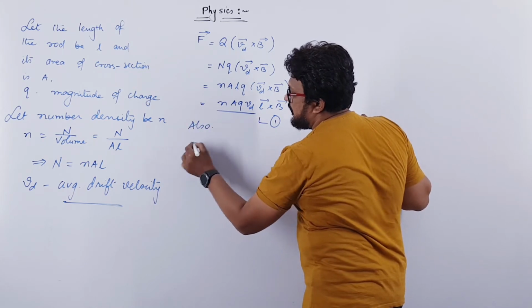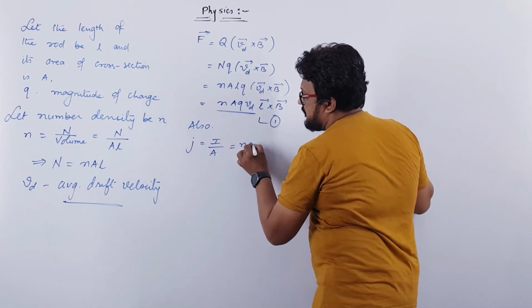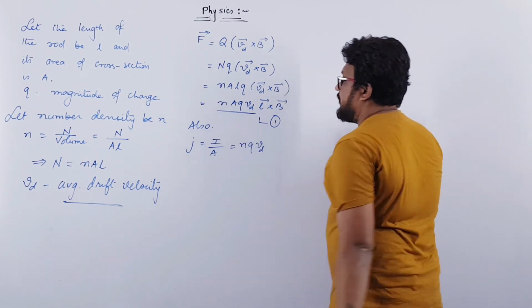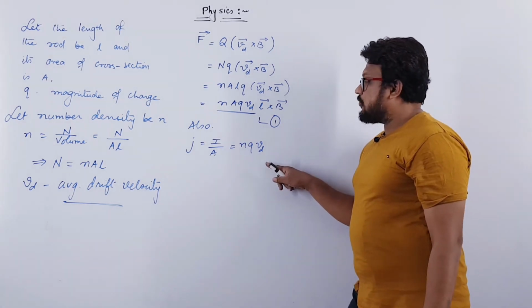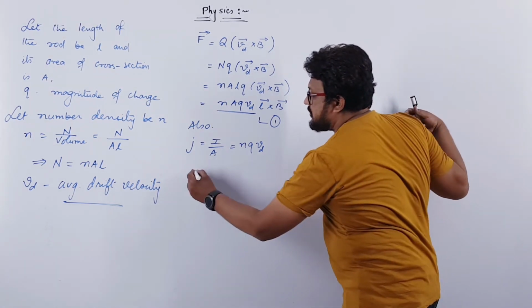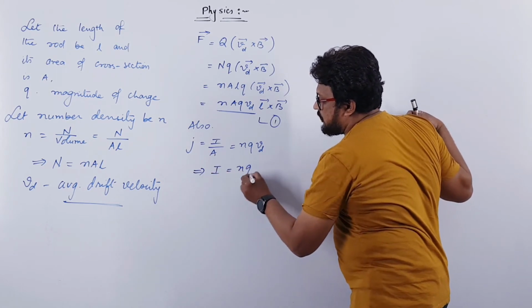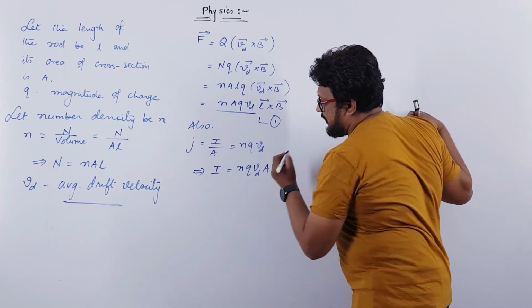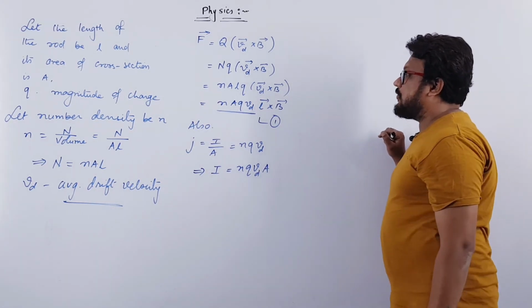Also, you must be knowing that J is equal to I by A, and that is equal to nQVd. So this implies that I will be equal to nQVdA.